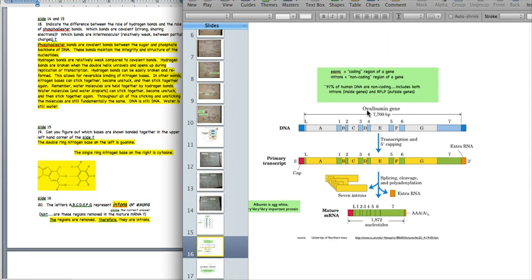Albumin is a protein. With this DNA, the enzymes come in and allow the transcription to happen. So here's the piece of RNA. Keep the same letters, keep the same numbers there. We can assume it is close to the same number of base pairs.